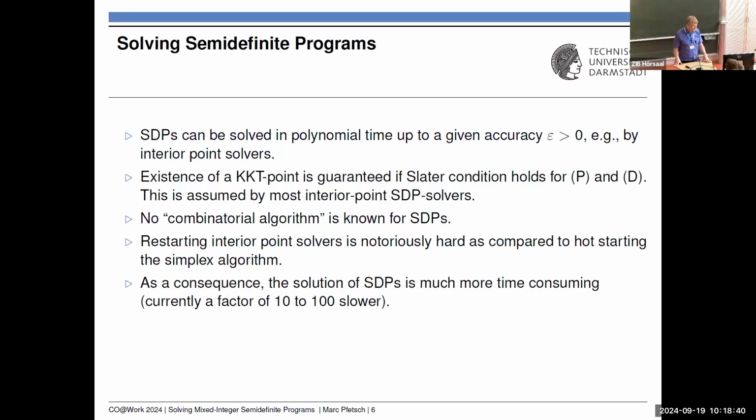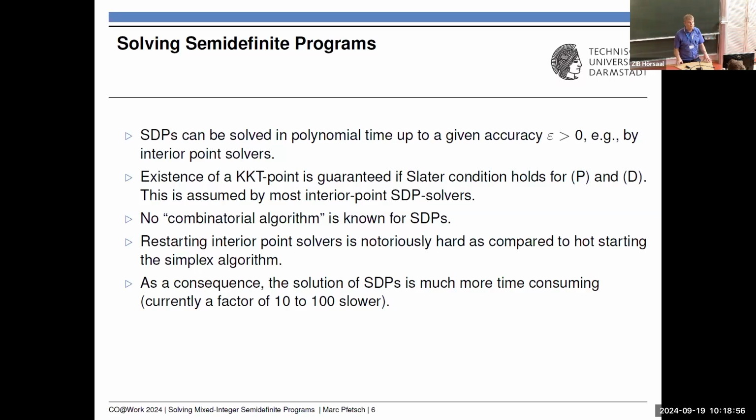As a consequence, the solution of SDPs is unfortunately much more time consuming. There will be roughly a factor of 10 to 100 difference to linear programs. That means we are somehow also limited in the size.